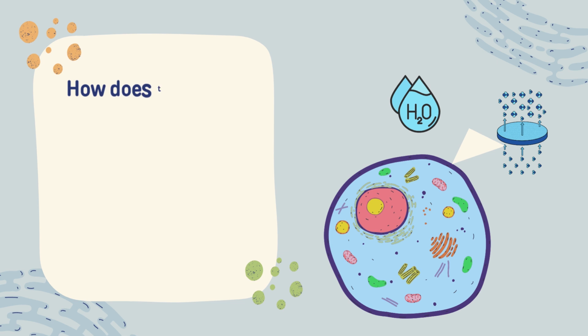We mentioned that all cells have a cell membrane, and this is the dark blue thing around the cell in the picture. So how does the cell get its needs of water? Water enters the cell.